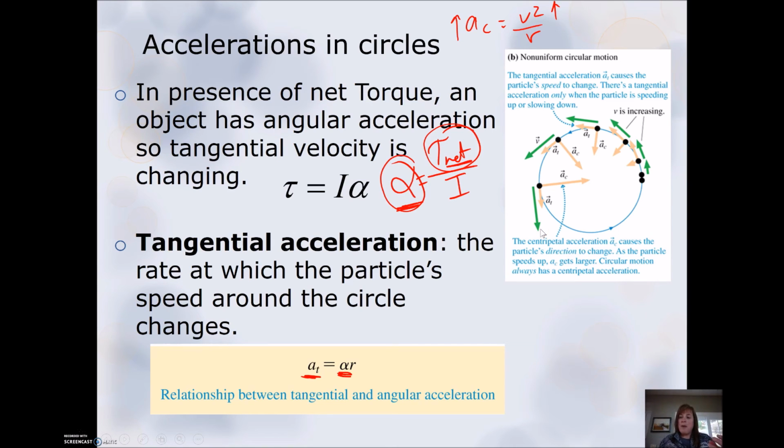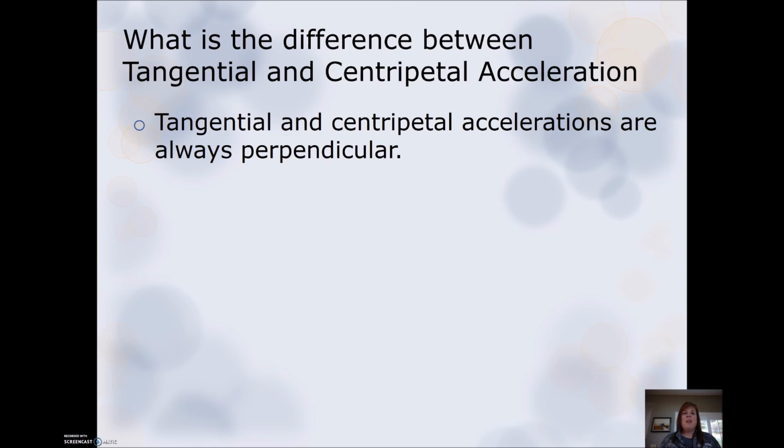I'm speeding up because I have a net torque. Just like if I have a net force, I accelerate. That's Newton's second law. But that doesn't mean that I have something different than my centripetal acceleration. Centripetal acceleration always exists if I'm moving in a circle. But if I'm speeding up, then I also have a tangential component.